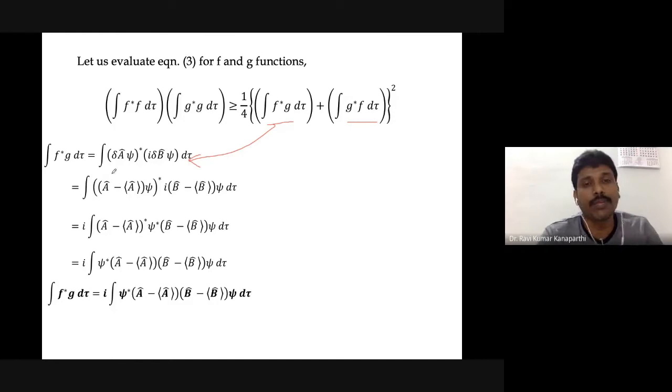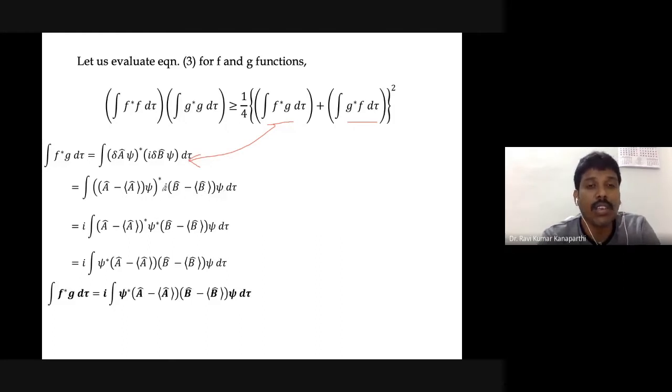Now just substitute: delta A is defined to be A minus the expectation value of A, and i delta B is i multiplied by B minus the expectation value of B, multiplied by psi.